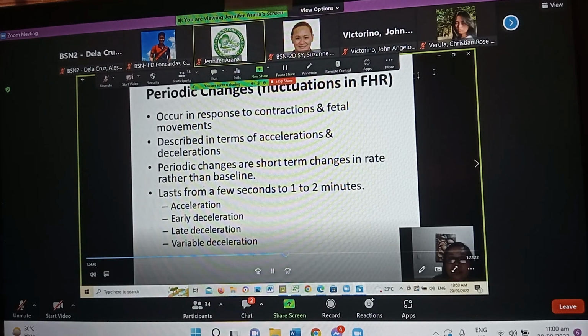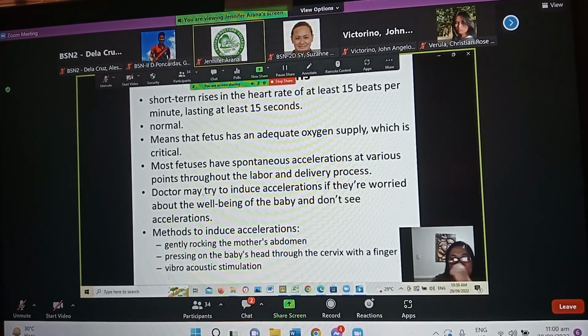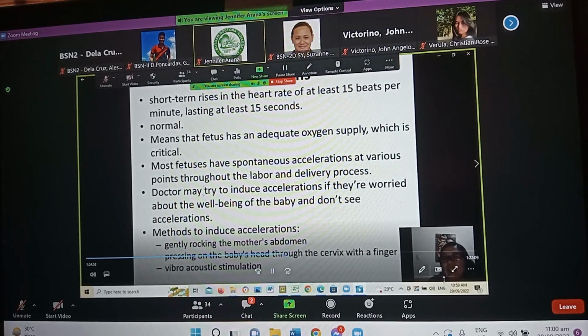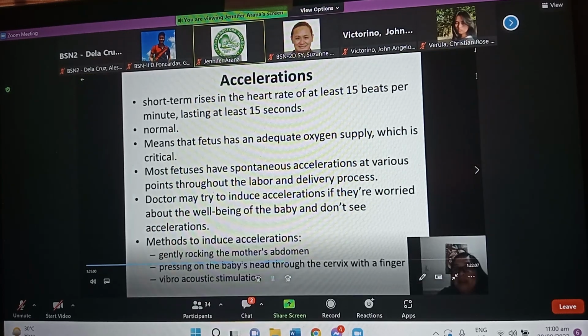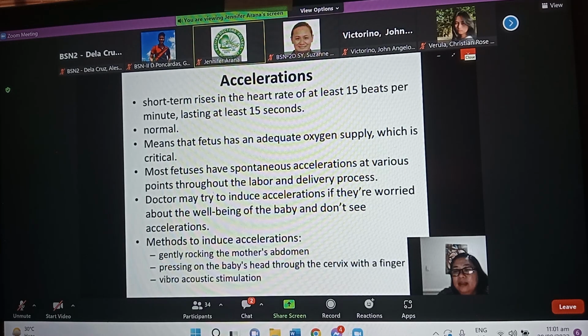Early deceleration, late deceleration, and variable deceleration. What are accelerations? Accelerations are visually apparent abrupt increase in the fetal heart rate.